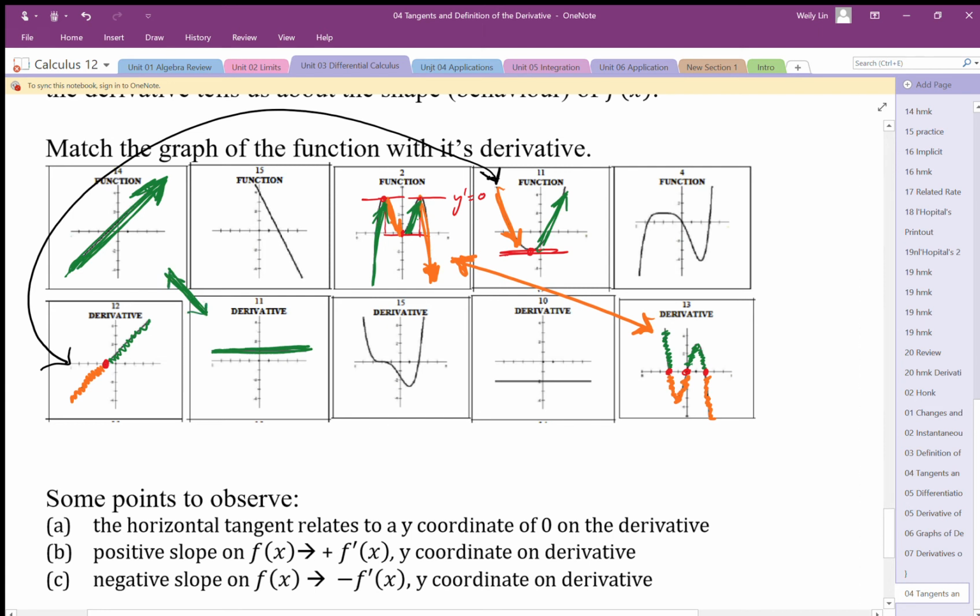We can make the same analysis with the negative pointing slope. This one is pointing down, so it has negative slope, and it doesn't change. There is a y coordinate that doesn't change, and it's negative. That's the correct slope. This one was positive here, a positive y value here.